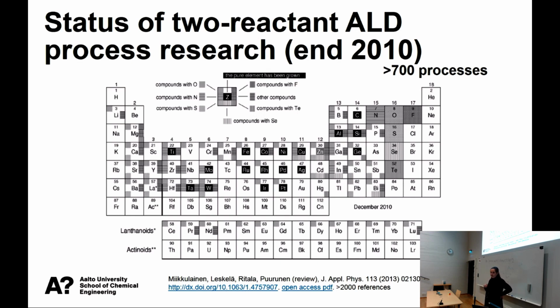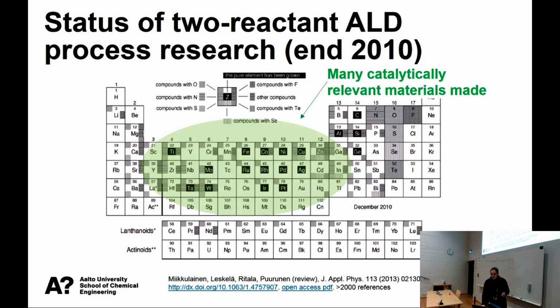If you study this in detail, you find that oxides have been grown the most, then nitrides, sulfides, and many others. If there is a black background for the element, then that element itself has been grown. Not necessarily in a process that would be industrially relevant, but at least somebody has tried it and reported on it in the scientific literature.